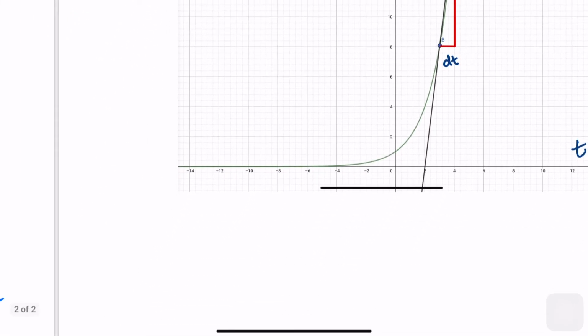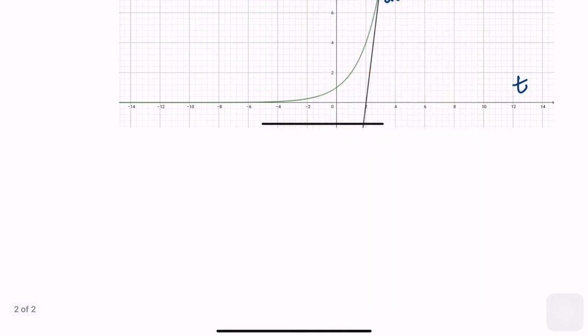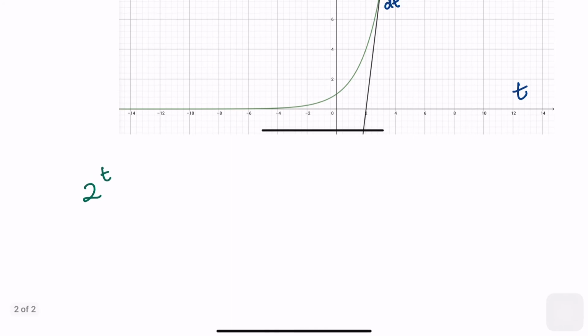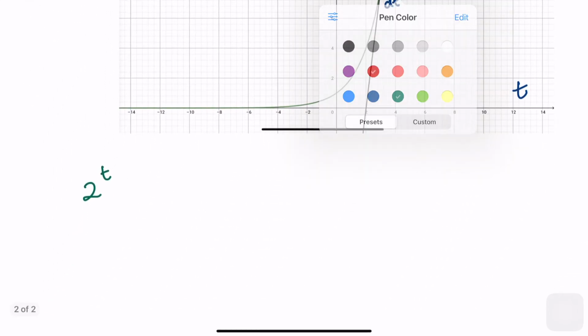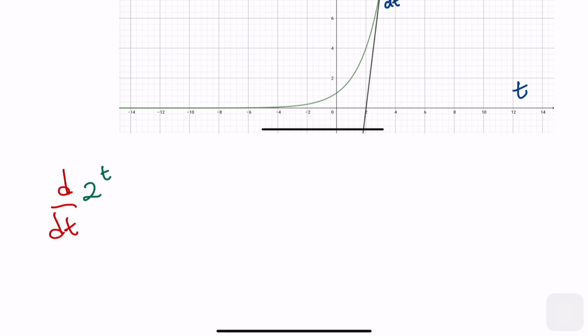Of course, at the beginning, before you learn about exponentials and derivatives, you are probably thinking that if we try to differentiate this, it will result in 2 to the power of t, right? Let me put a question mark. It's quite tempting to think so. Is it true?